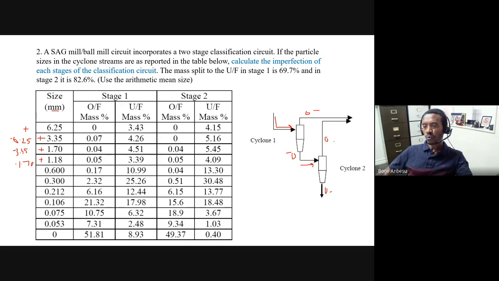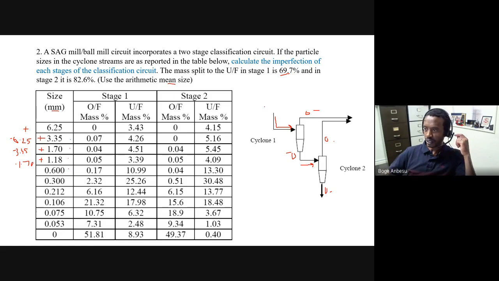So if I ask you to work out the arithmetic mean size, you could just say, for example, for this one here, it is 6.25 plus 3.35 divided by 2. You do the mean here. Anyway, once you have that, for the first cyclone, the split is 69.7.